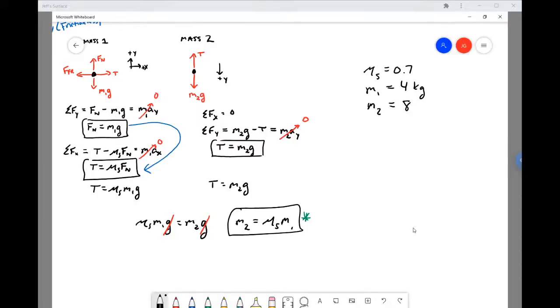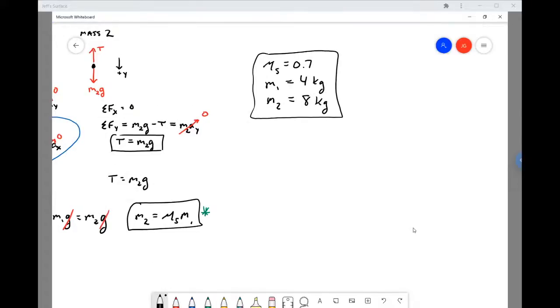So if M2 is greater than that, let's say 8 kilograms, this would set up a situation where things start sliding because M2 is greater than μs times M1. So this would lead to sliding, and when that happens, the coefficient of static friction becomes the coefficient of kinetic friction, and that is always less than the coefficient of static friction. So let's say in this case it's 0.5.